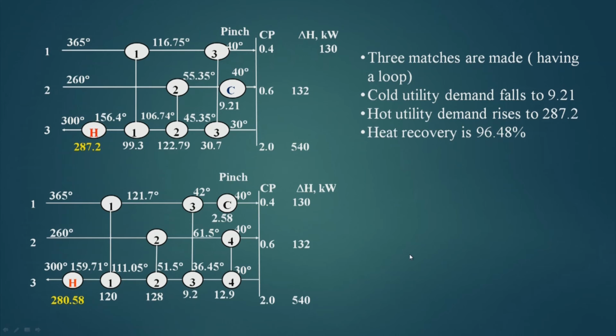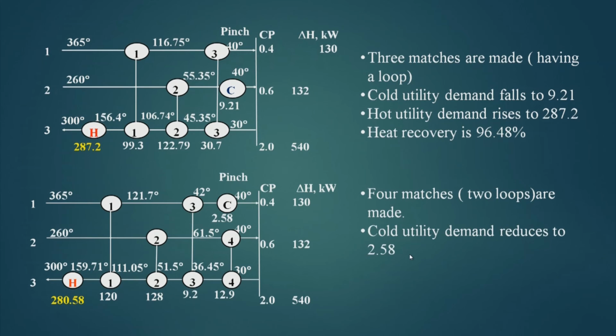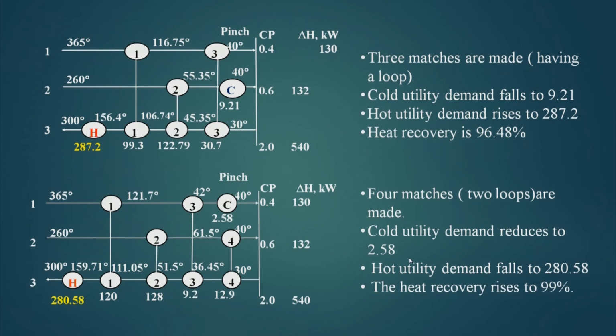Similarly, here I am using 4 matches. So, there is a further decrease in cold utility requirement, this is 2.58 only, and the hot utility requirement has fallen down to 280.58 and the heat recovery is 99%.